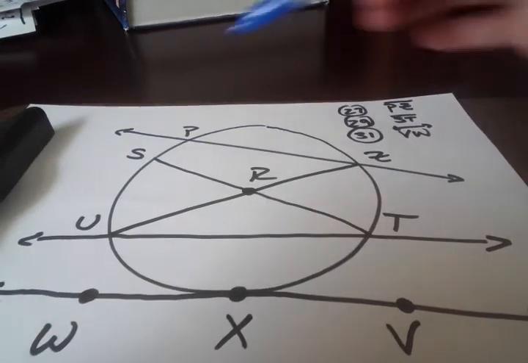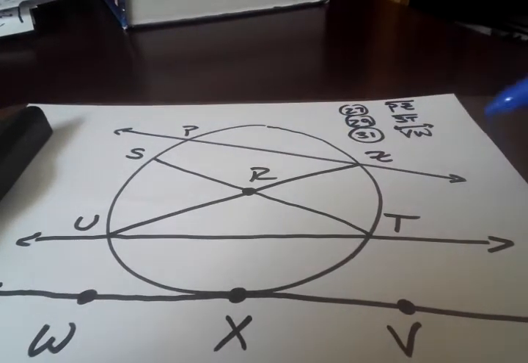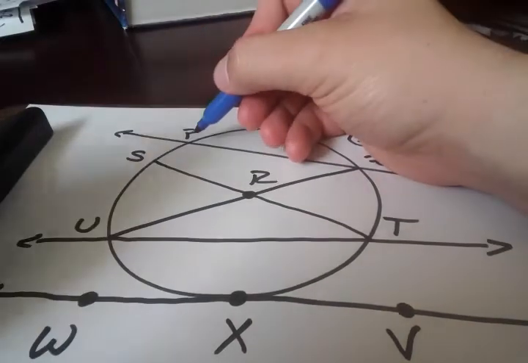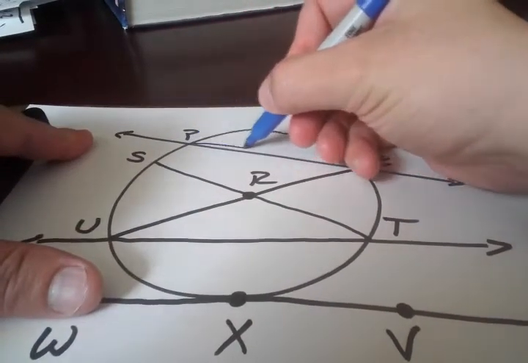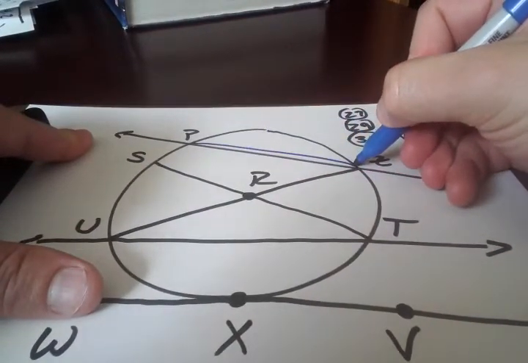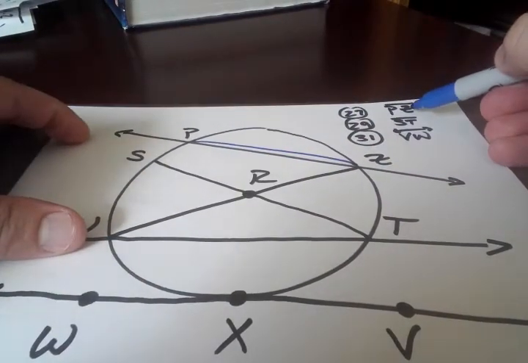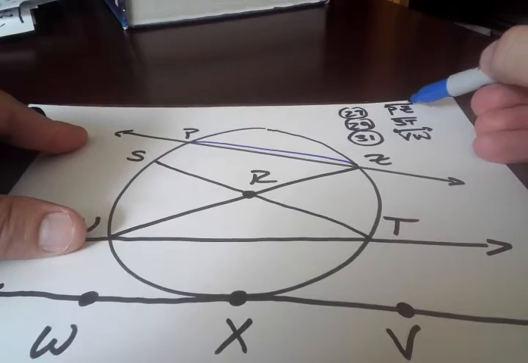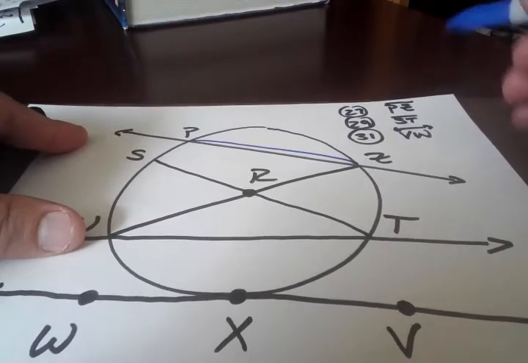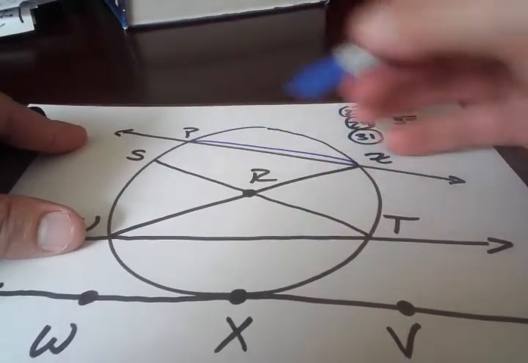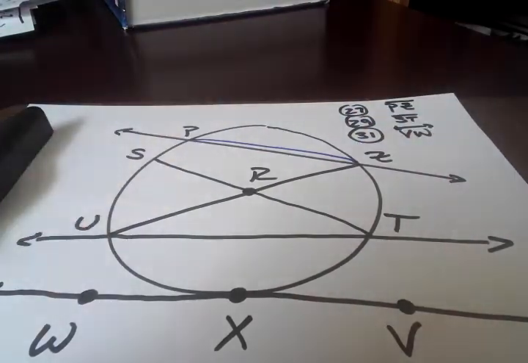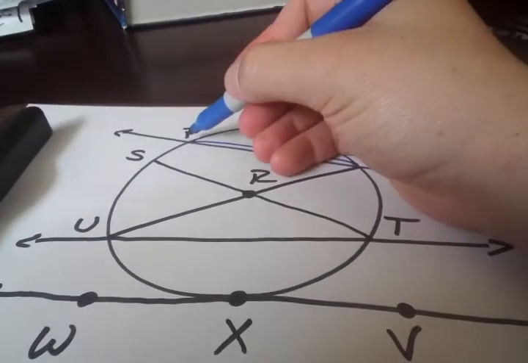Okay, so even though this has a line going through PZ, we don't want that. We just want this portion. Does everybody see that? Just P to Z. We're starting at P, stopping at Z. And I know that because there's no arrows on top. So it looks like it's a segment that's touching the circle twice, here to here.